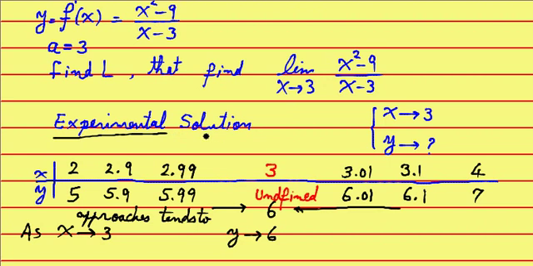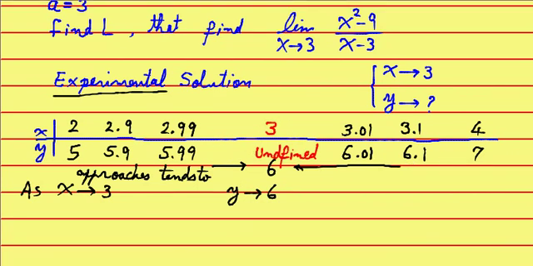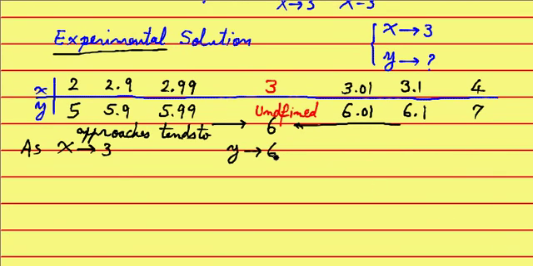A different kind of test might ask you a question from a different point of view. If I ask for an experimental style of solution, you make a table. This is going to be the center of your table. You try to approach it, and then you try to guess the answer. So here we got our answer. The answer turned out to be 6.